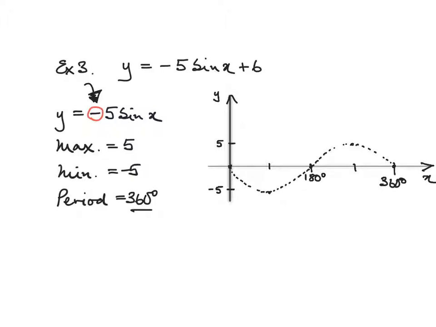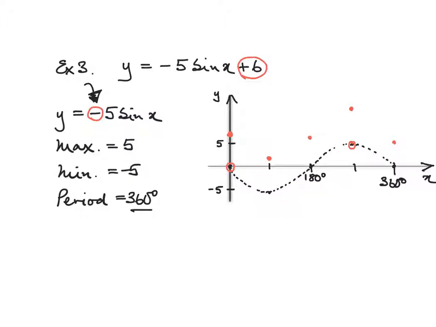What we want to do is to move the whole graph up 6 spaces. So this point here moves up to here. Then we've got minus 5 plus 6 is 1. 0 plus 6 is 6. Now this point here is at 5, and that's going to move up 6 spaces, so that'll move up to 11, somewhere up there. And this final point moves up to about here.